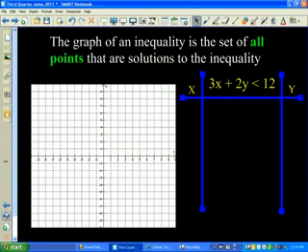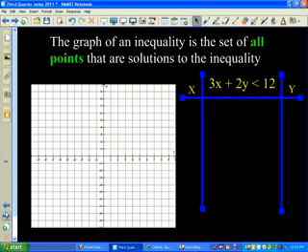For the next part, we'll notice that the graph of an inequality is the set of all points that are solutions to the inequality. When we did equations, we represented a few solutions, whereas the inequality is going to be a much larger range of solutions. So instead of us plotting each and every single solitary point that's associated with the solutions, we can do what's called the shading method.